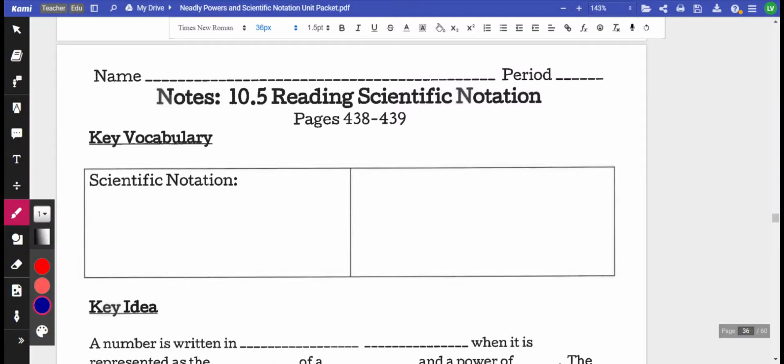10.5 Reading Scientific Notation. We have some key vocabulary. The first part is the word scientific notation.